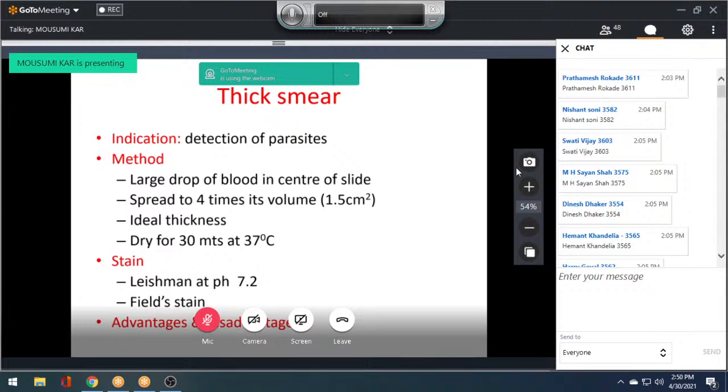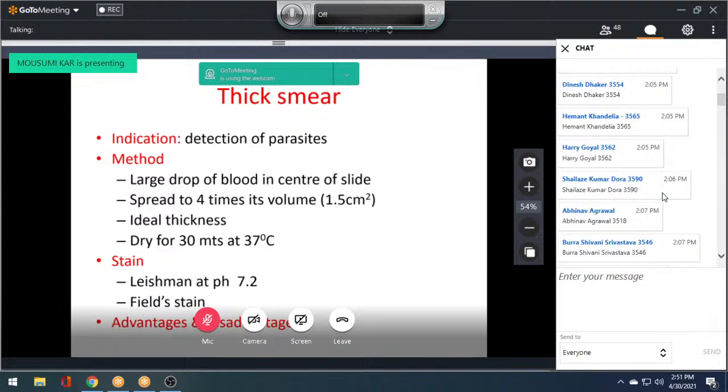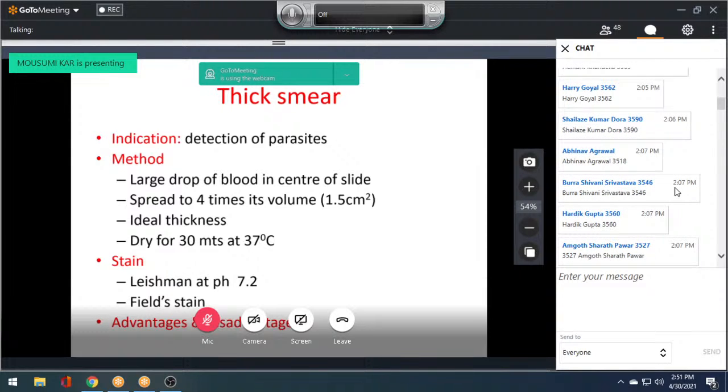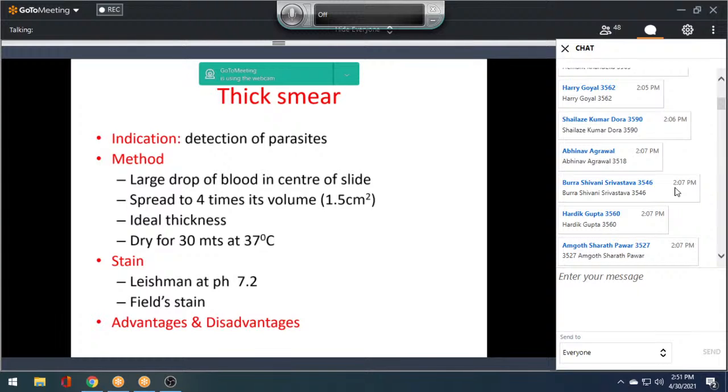What do you think? Anybody? Okay, so it should be thick enough that if you place the thick smear in front of a newspaper or any printed paper, you should be able to see the print on the paper.